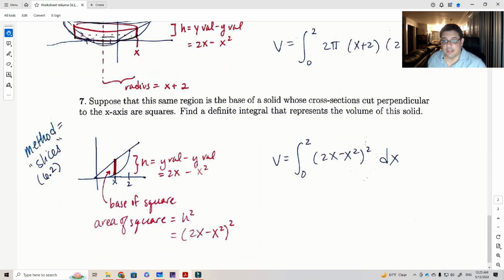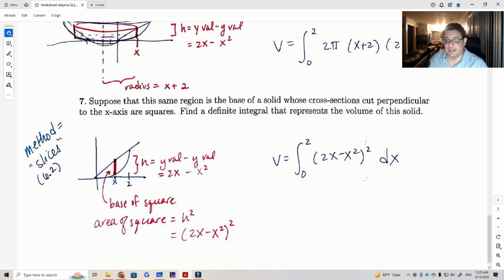Now finally, suppose this same region is the base of a solid whose cross-sections perpendicular to the x-axis are squares, and we want to find the definite integral that represents the volume of this solid. Remember that if this is a cross-section, then we're not revolving around an axis, we're just thinking of it as a slice.